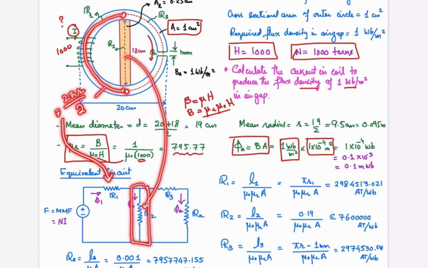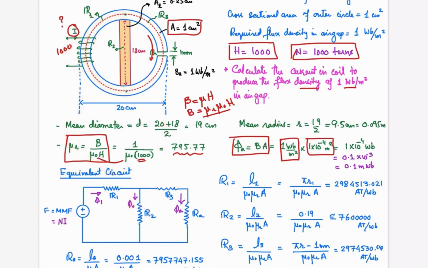And in series with this, there is the MMF source that is shown over here, that will be equal to the product of N into I. So number of turns are given to us. We need to work out what is the current that is required to establish the flux in the air gap. For the other side, this is the total length, that is half of the circumference. Out of that, you will have to subtract this 1 mm, and after subtracting this 1 mm, you can work out the reluctance of the core, and that will be R3, and the reluctance of this air gap is RA.